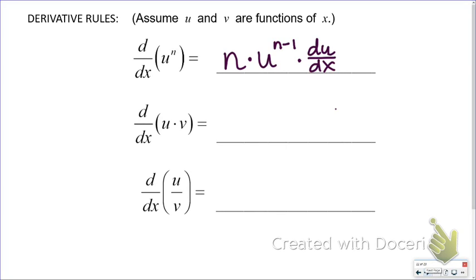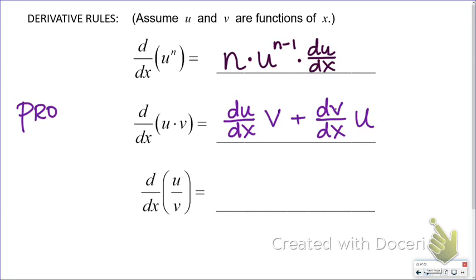In the product rule, we're going to have the derivative of u times v plus the derivative of v times u. I should write that here. This is the product rule.